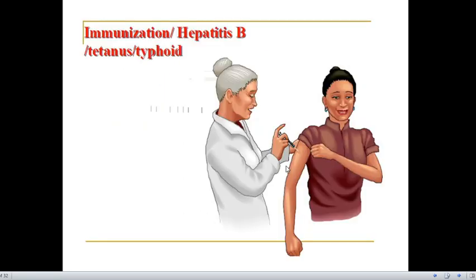And in any hospital institution, especially if you're working in a lab or in direct contact with patients, you have to have your immunization, especially hepatitis B, tetanus and typhoid. So these are very important key points that you should keep in mind.